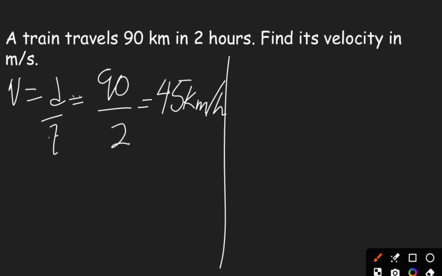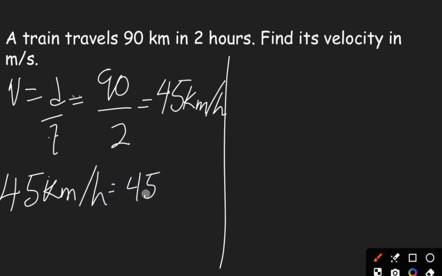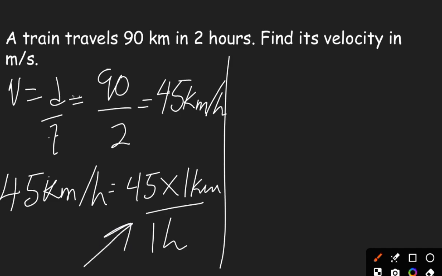Now, 45 kilometer per hour means 45 times 1 kilometer over 1 hour. That's what it means. Now, ask yourself, you want to convert this to meter per second. So we have to change this to meters, change this to seconds. How do you go about it? So 1 kilometer equals how many meters?